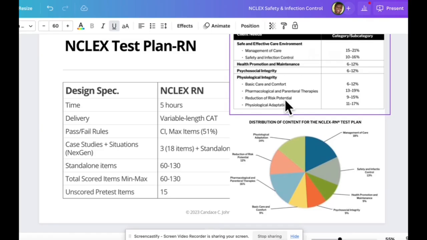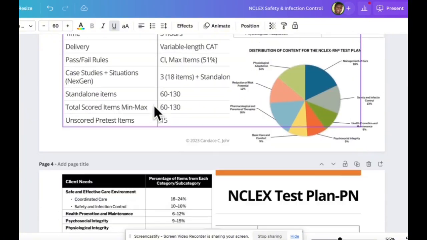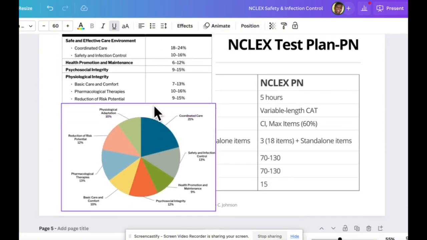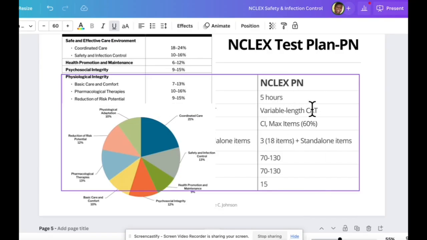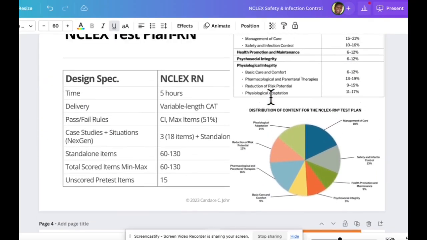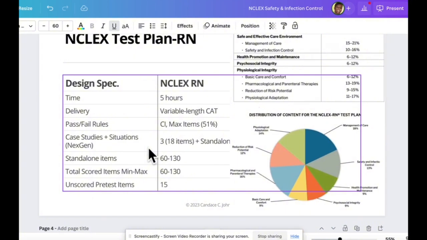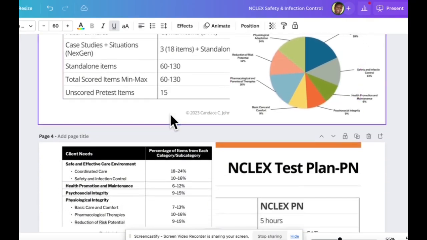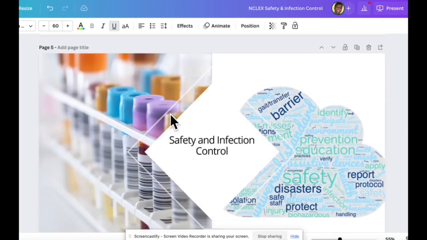The NCLEX test plan is broken down for both the RN and the PN, and it gives you some specifics about the test plan: how long it is, the delivery method, the pass-fail rules. But if you're watching this supplement, then you've already heard me break that down. So definitely refer back to the initial videos that I sent you at the very beginning of the class that contained a description of the test plan. For that reason, I'm going to move along.